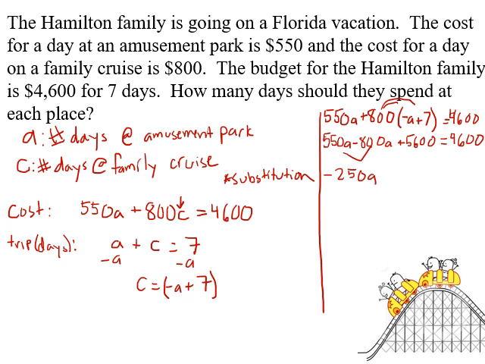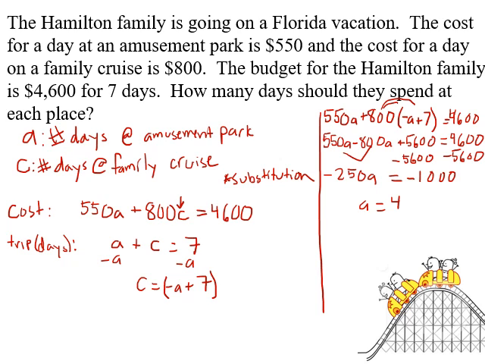And I'm going to subtract my 5,600 over at the same time to get negative 1,000. I'm going to divide by negative 250, A equals 4.